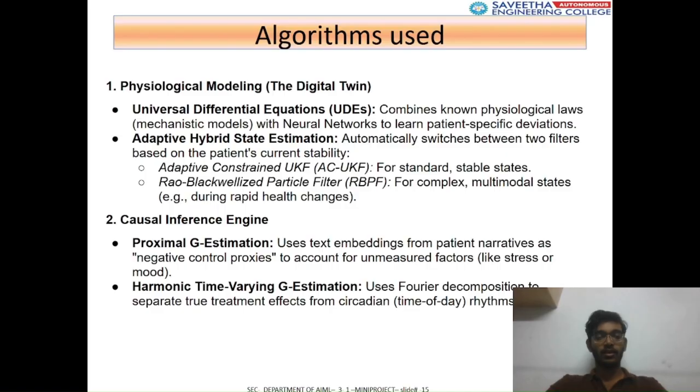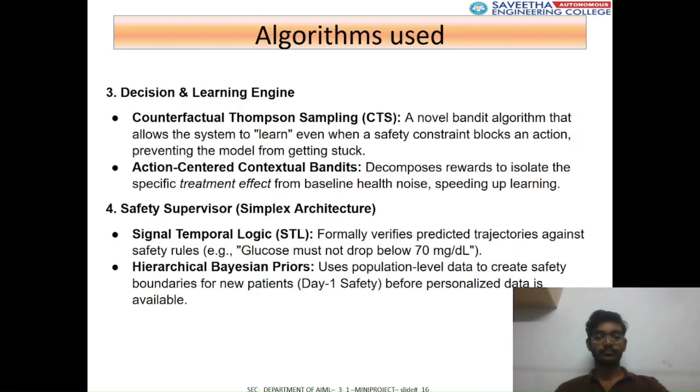The first one is universal differential equations (UDEs), which combine physiological laws along with a neural network model to learn patient-specific behaviors, along with an adaptive constraint UKF, which adapts the taken choices based on the patient data and the patient conditions. Then coming to the causal inference engine, which finds confounders using the patient data and DAGs, this is done using proximal G estimation and harmonic time-varying G estimation.